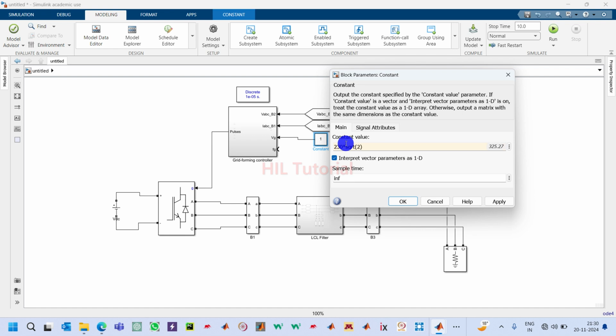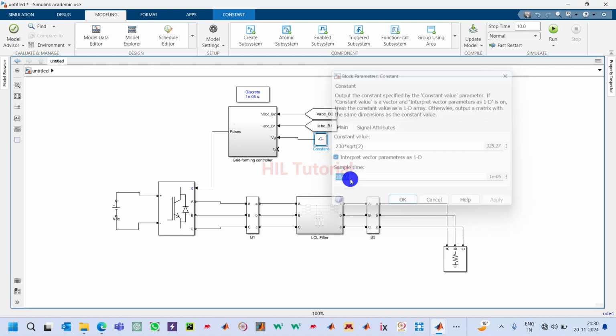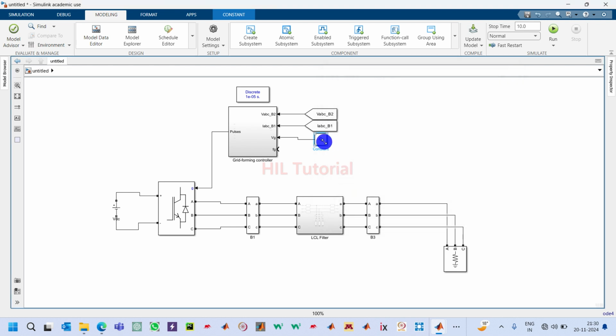We have to give the amplitude voltage here, right? So the rated voltage is 230, and if we multiply by root 2, it will give the amplitude. And here we can have 10 e power minus 6, that is the sample time. So we can write here rated voltage.